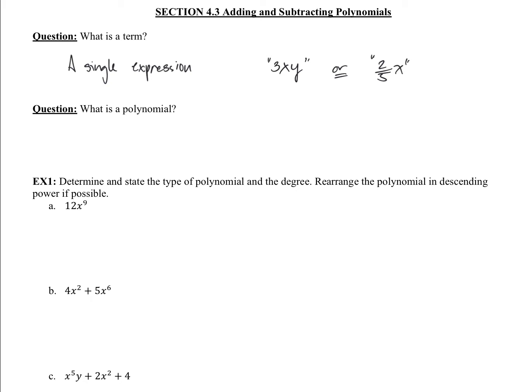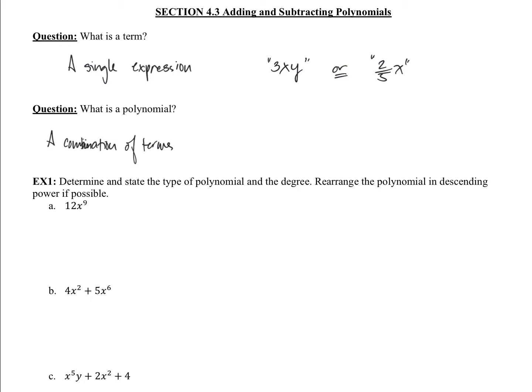The next question is, what is a polynomial? So a polynomial is a combination of terms. And this is not the actual definition of the book. Make sure to read section 4.3 in your book to get the actual definitions on these.